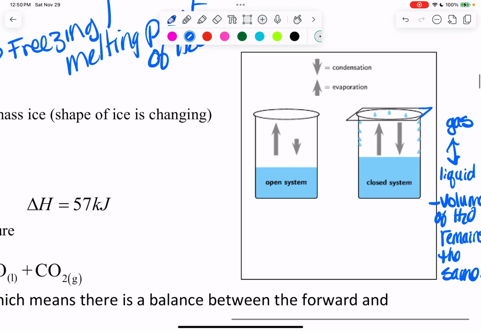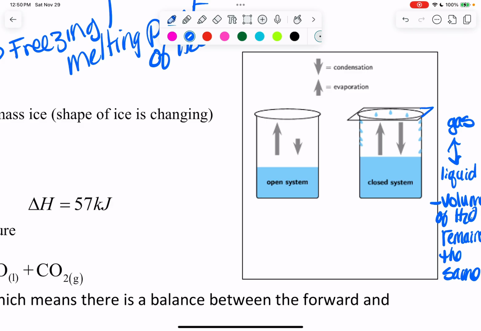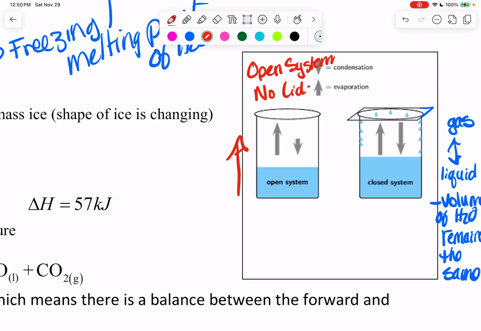In this case, I don't have a lid on it. So it's an open system. And what happens is I have a lot more evaporation than condensation.